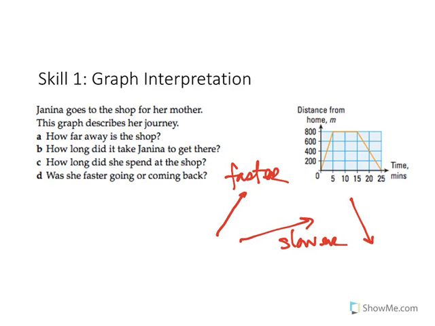If you imagine a slide, this one you can imagine is faster, and this one is slower. So was she faster going or coming back? Well, given that this line seems steeper than this line, she was faster going to the shop.